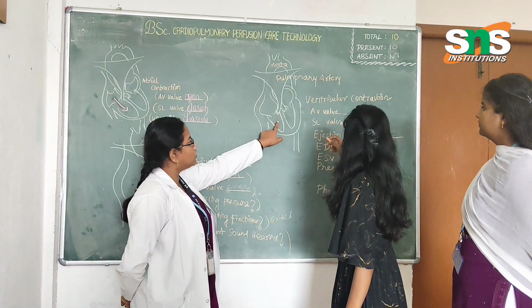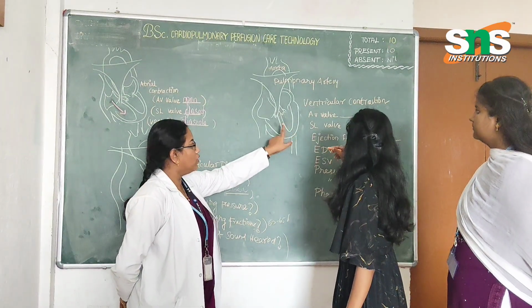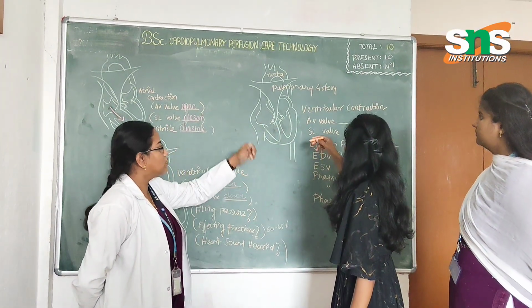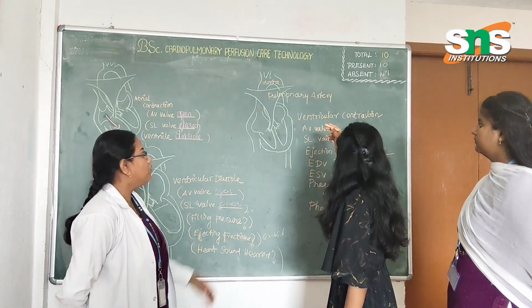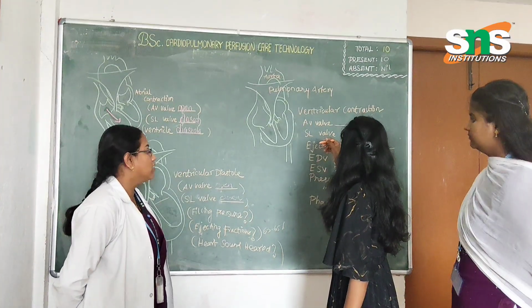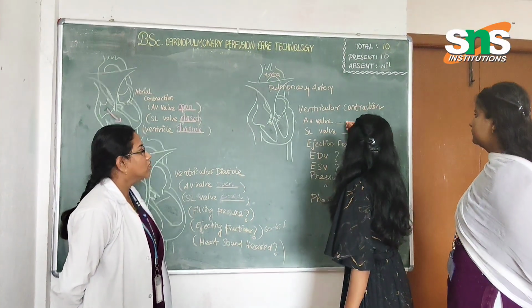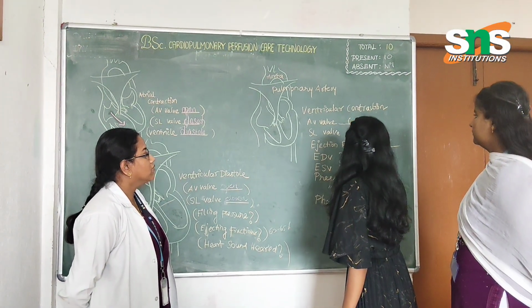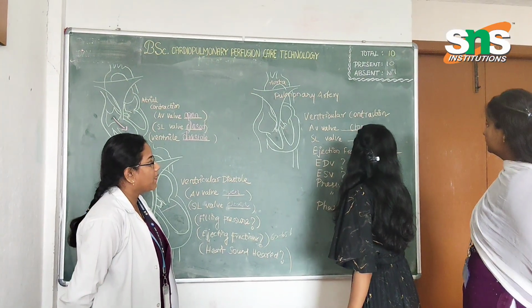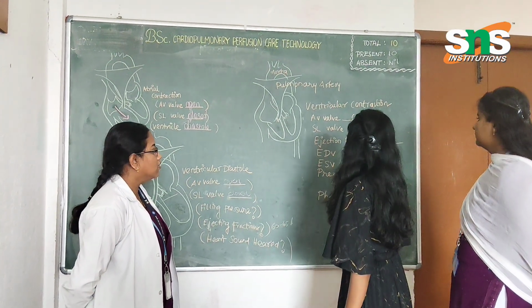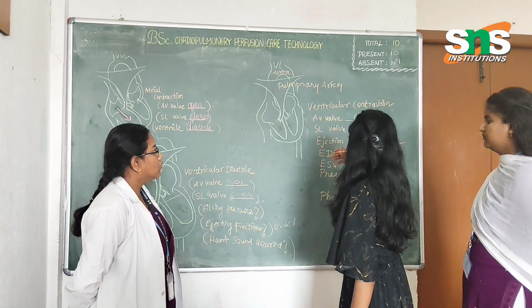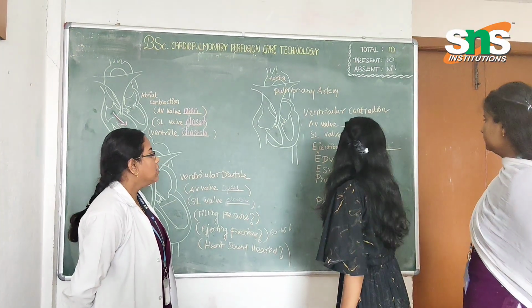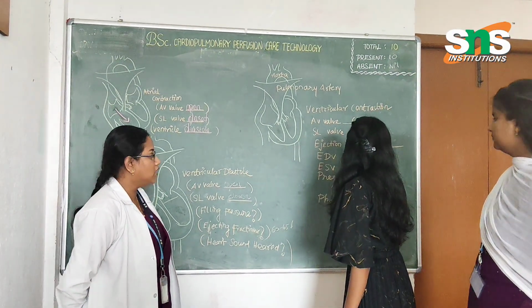In ventricular contraction, the blood will be ejected from the ventricles to the pulmonary artery and aorta. The AV valve is always closed. The SL valve should always be open. The semilunar valve is open here.